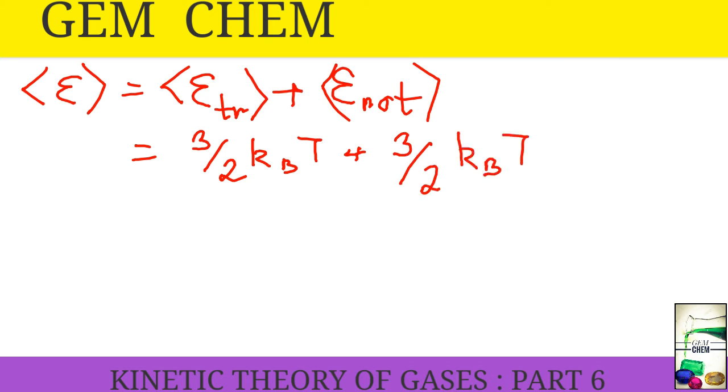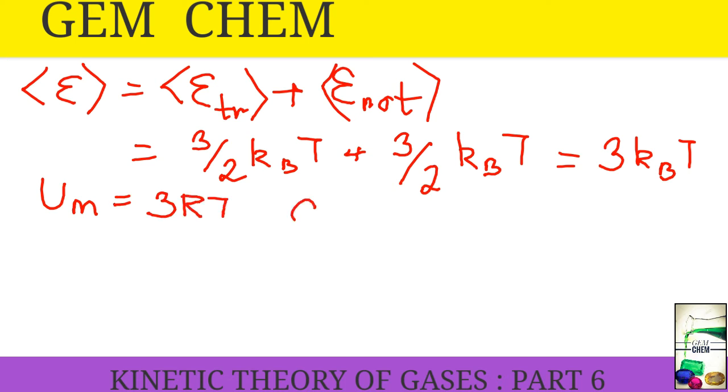How these come has already been explained, so if any confusion occurs, please first watch the video on equipartition and then come to this video. This is 3 kBT, and then Um becomes 3RT and Cv equals 3R.